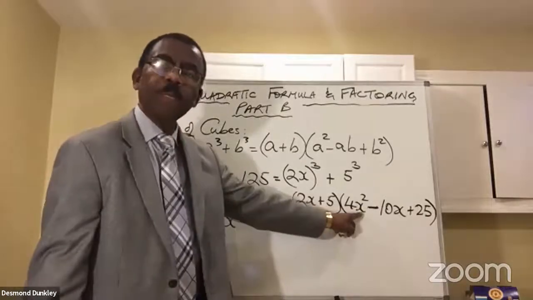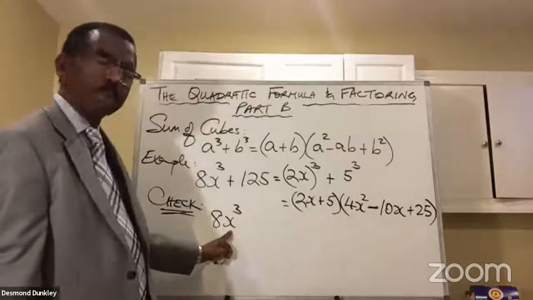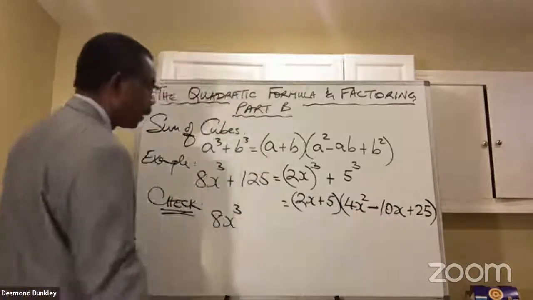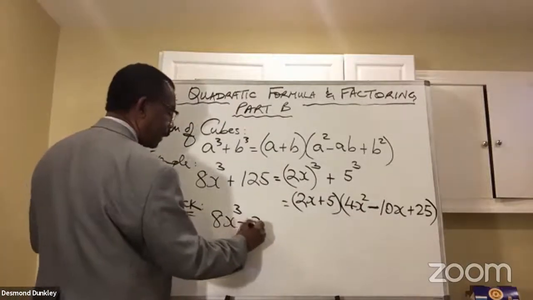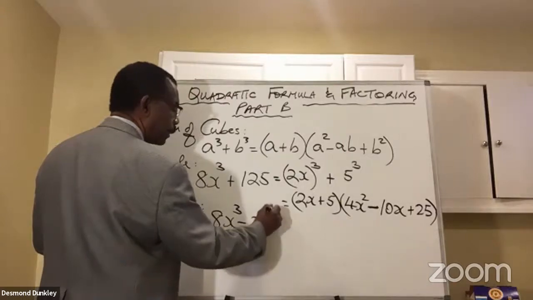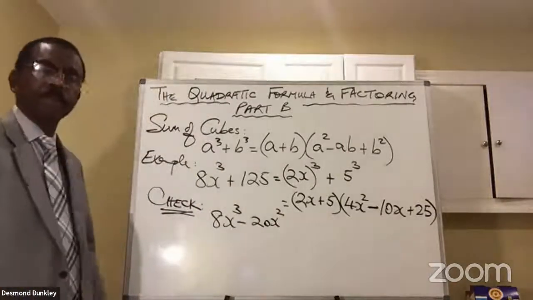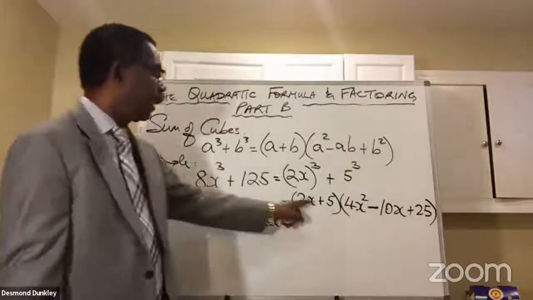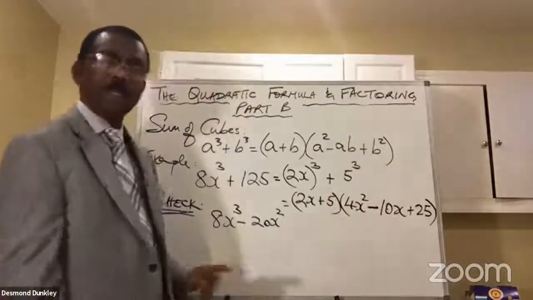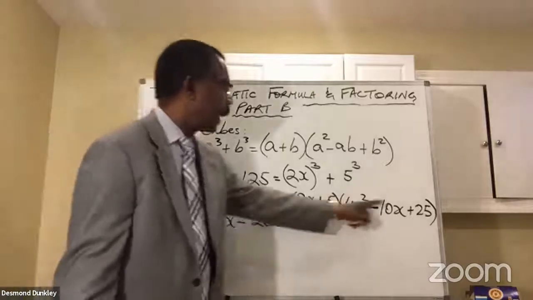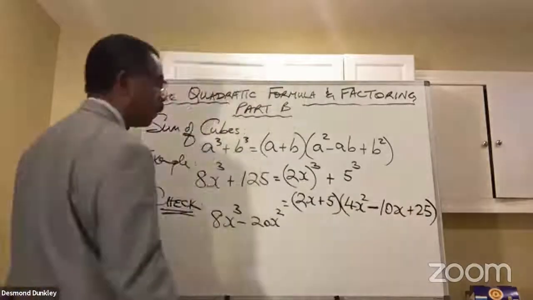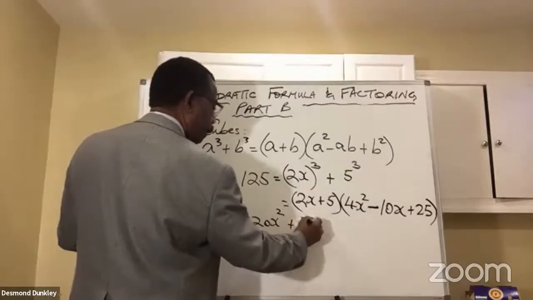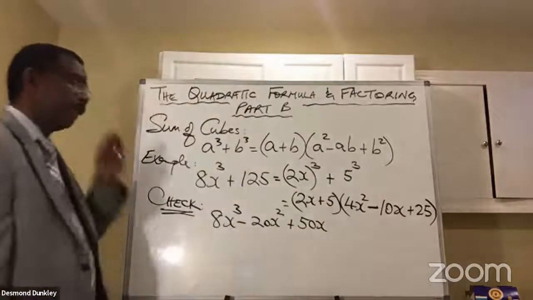X times x squared, x cubed. 2x times negative 10x is supposed to be negative 20x squared. See, 2 times negative 10, negative 20. X times x, x squared. 2x times 25 gives me 50x.